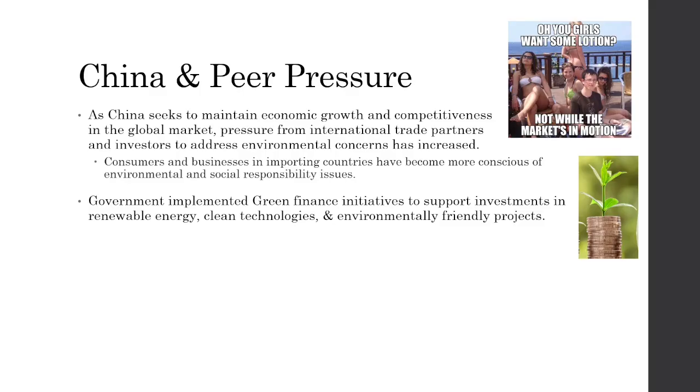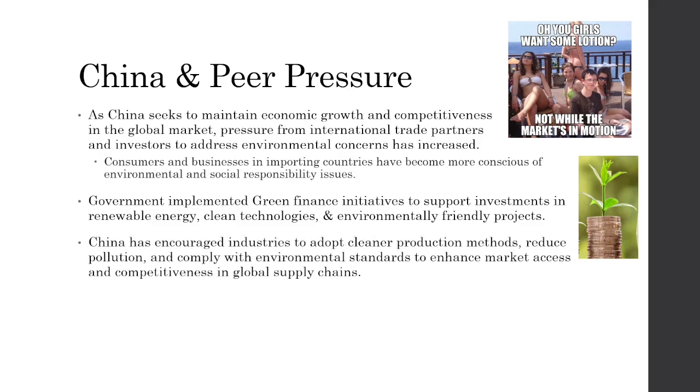Government-implemented green finance initiatives have been implemented to support investments in renewable energy, clean technologies, and environmentally friendly projects. China has encouraged industries, and by encourage I mean they say they promote it, but it doesn't really get enforced. And they quote-unquote encourage them to adopt cleaner production methods, reduce pollution, and comply with environmental standards to enhance market access and competitiveness in global supply chains.